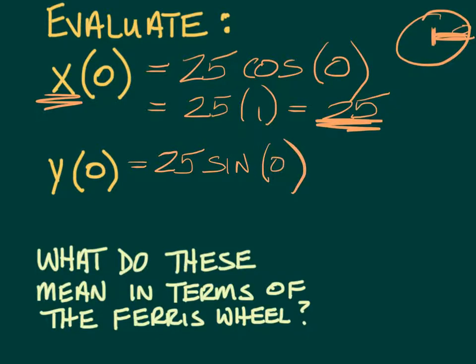What is sine of 0 on your calculator? It's 0. So I have 25 times 0. And I come back with 0. So from the starting position at 3 o'clock, which is right here, we have not moved. So if we make no movements, then the height of that car is going to be 0. So that works out as well with the graph that we've made so far.